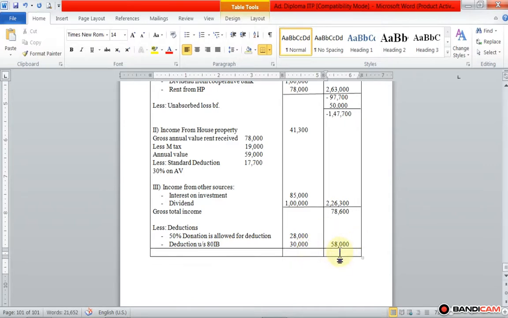Here we get the answer: 78,600 minus 58,000. Here we get the taxable income, which is 20,600. So here is the total taxable income of this company.